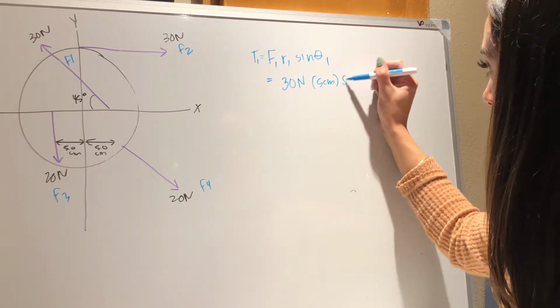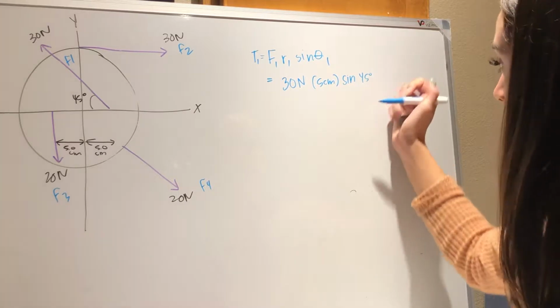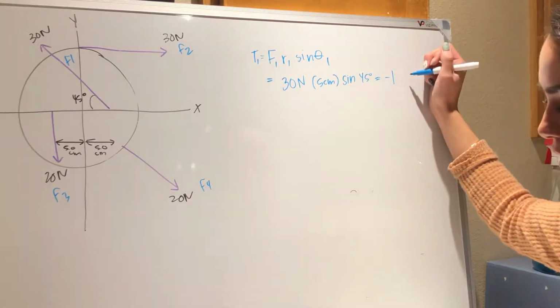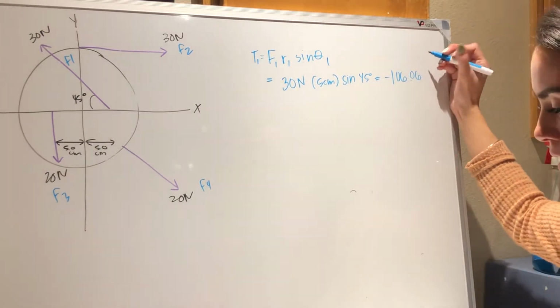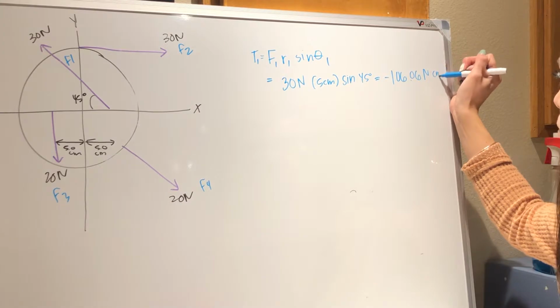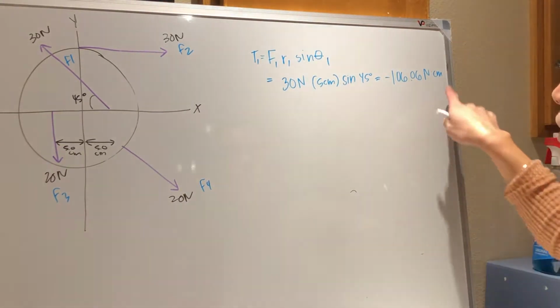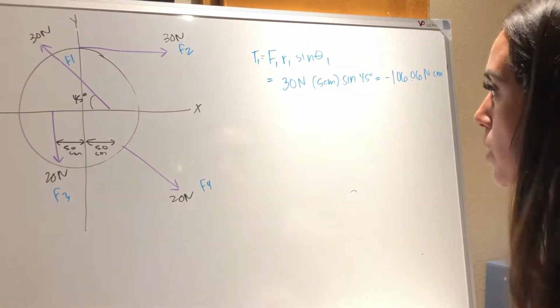And we're going to times that by sine, and the angle is 45 degrees. And that's going to equal negative 106.06 newtons times 70 centimeters. And we're going to come back at the end and I'm going to calculate all of these into meters. But for right now, I'm just going to leave them in centimeters.